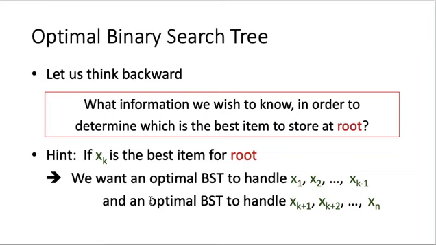Similarly, we want an optimal binary search tree to handle the items xk plus 1 up to xn, because they are going to be stored in the right subtree of xk. I hope that you can see that there is a lot of similarity between this problem and matrix chain multiplication. So, good luck.